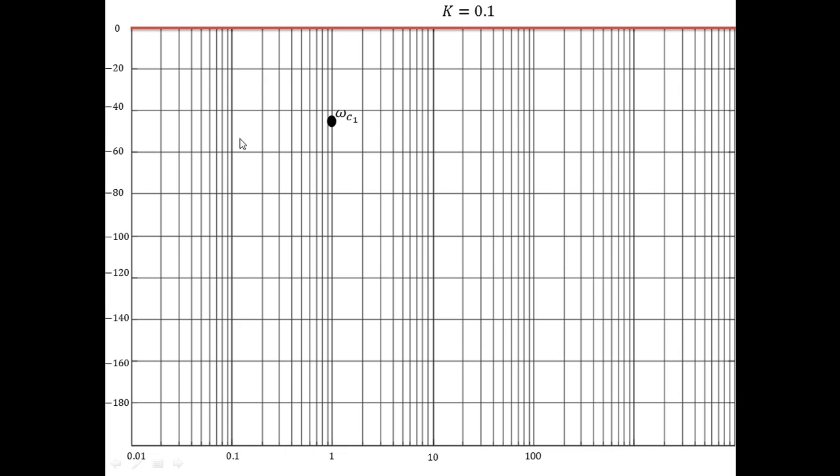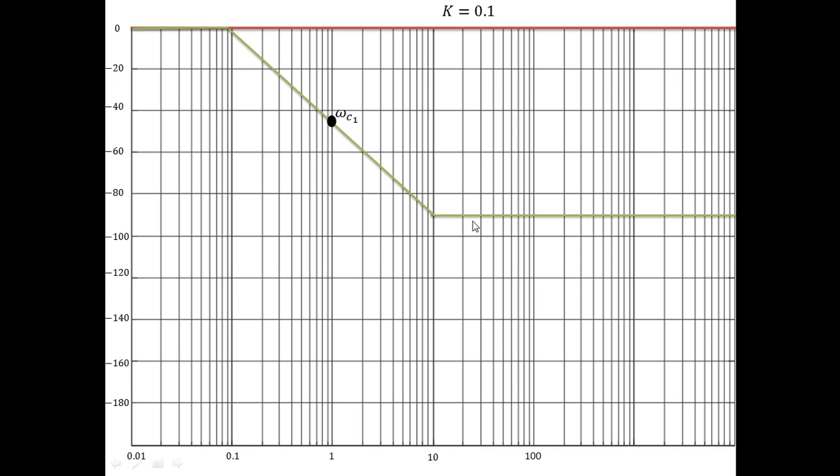One decade before, which is 0.1, the shift angle is 0. One decade after that, the shift angle will be minus 90. If I connect these two lines together, I will find the phase angle plot for the first pole.